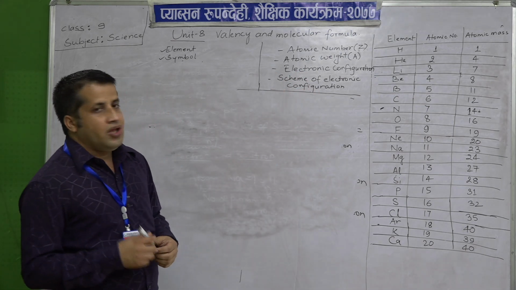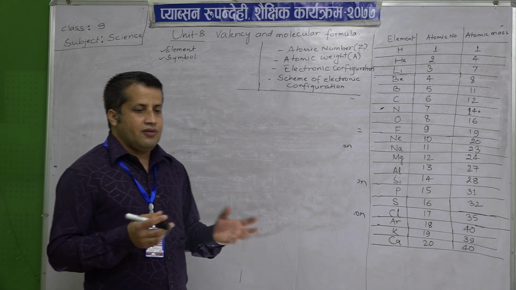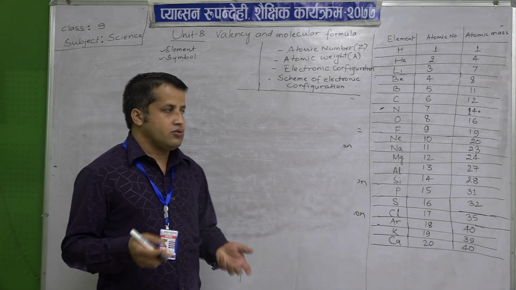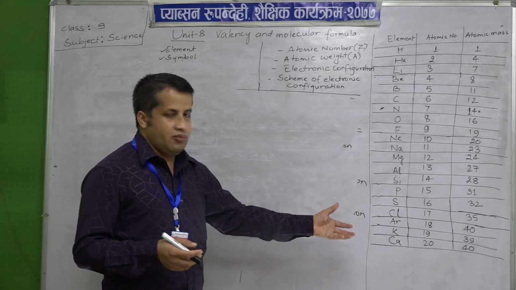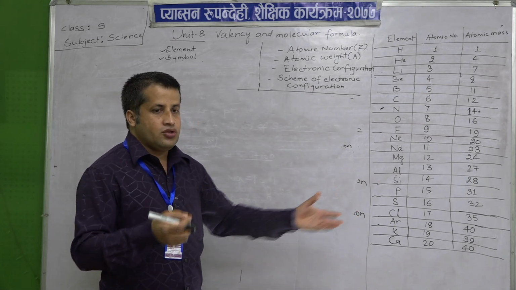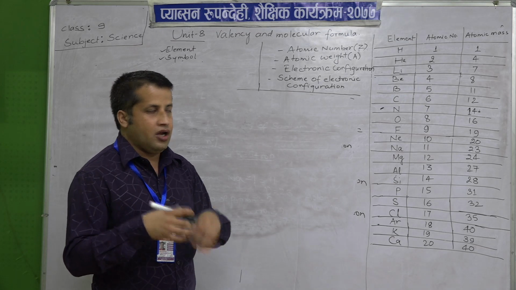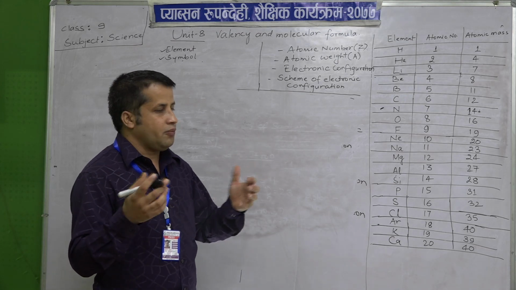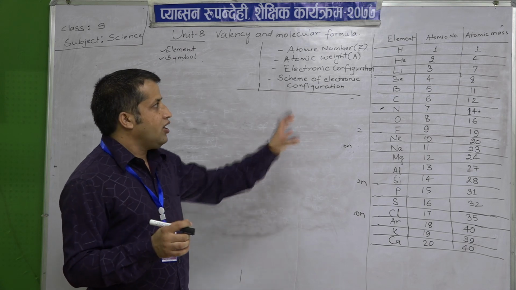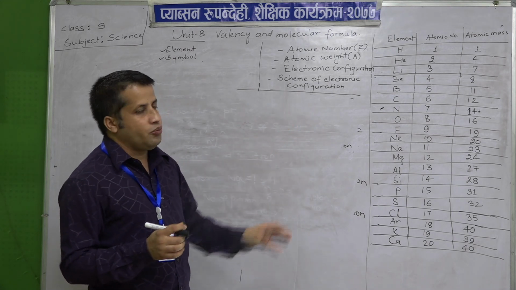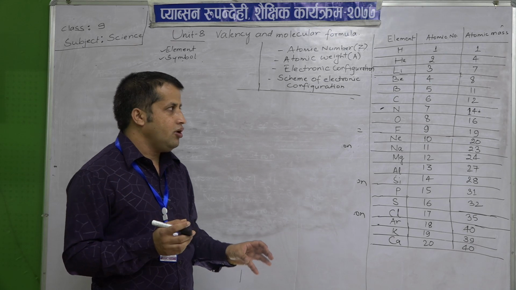So to know the atomic mass, sometimes we can use some trick also. Though the atomic mass written here may not be exactly the same, it may be slightly in decimals also, by knowing the atomic number we can predict it.